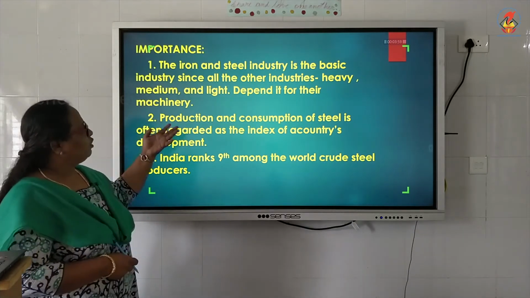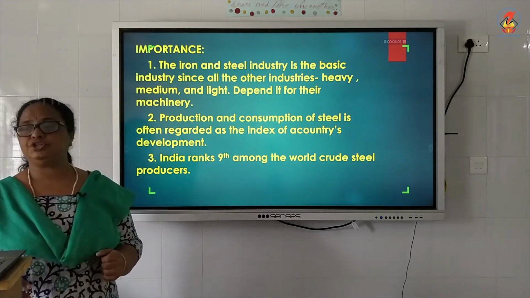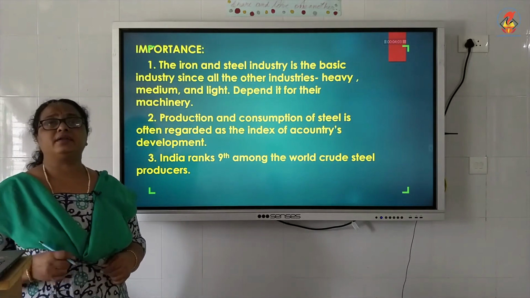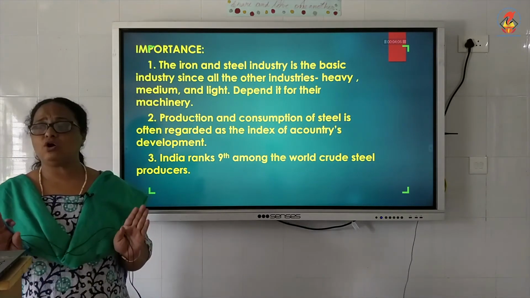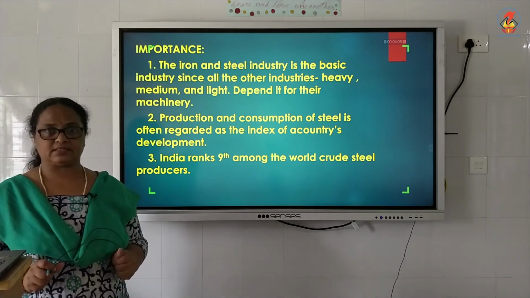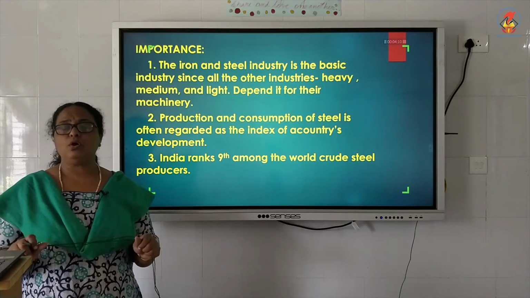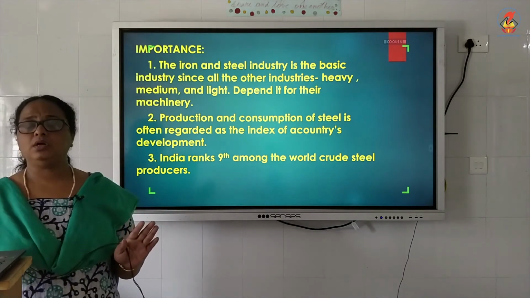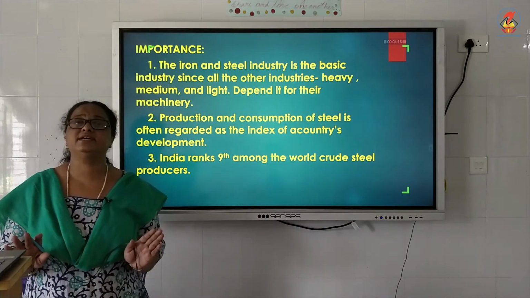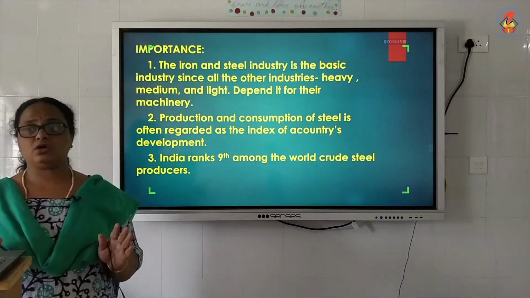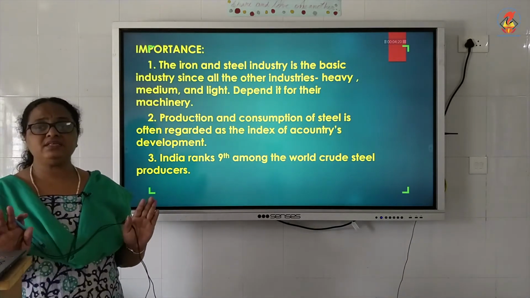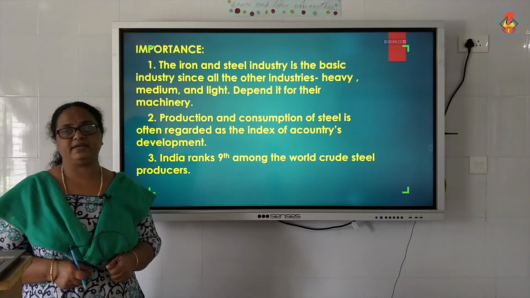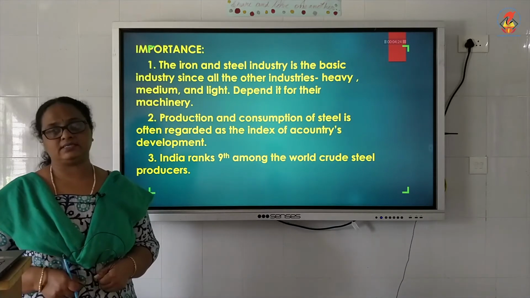Then production and consumption of steel is often regarded as the index of a country's development. We know a country's economic development depends upon the production and consumption of steel, because this is the basic key industry of a particular country, especially ours.